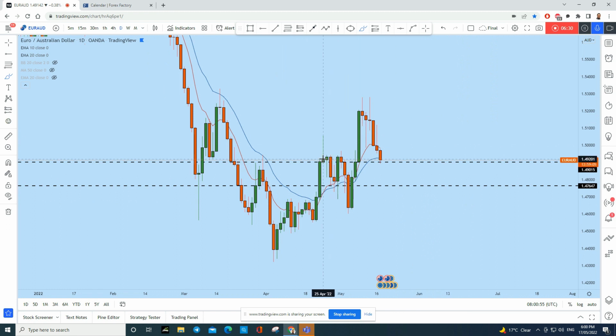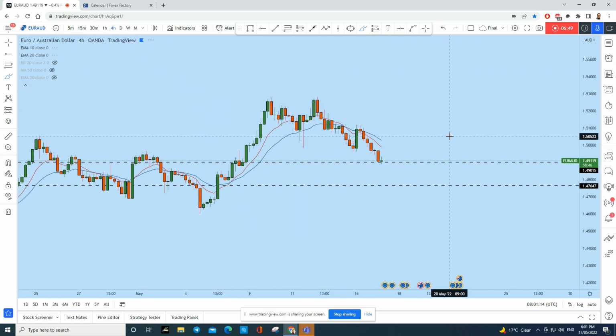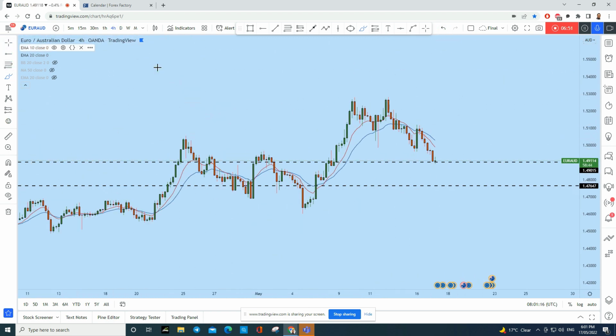On the daily, the price created a couple of dojis and looks like it's breaking to the downside, and this is where we can find an area of value. So we can expect EUR/AUD now, after a little rejection to the upside, to come back to this level of support.